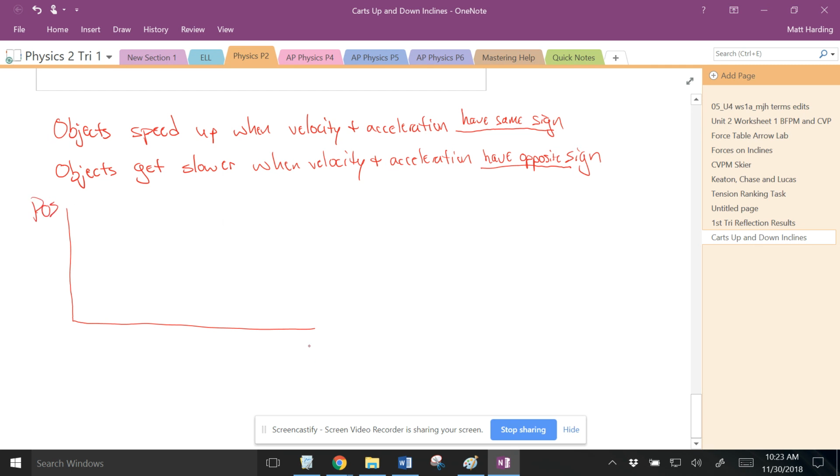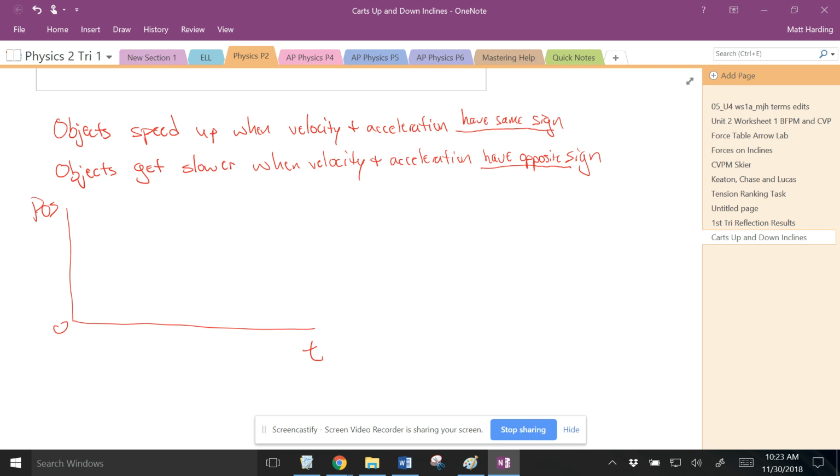So position, time graph. The detector's at the bottom. The detector is the thing that establishes 0. So when is this thing going to have a position closest to 0? At the start and at the end.